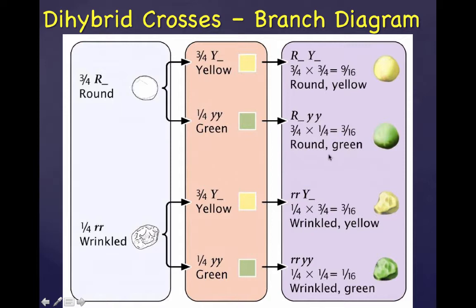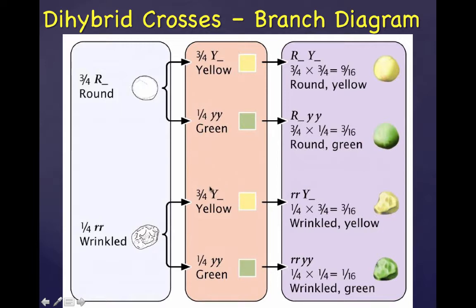And if we wanted to look at the proportion of individuals that were going to be round and green, we would then take our 3/4 individual, or 3 out of 4 individuals that would end up with a round phenotype, and multiply that by the 1 out of 4 individuals that would have the homozygous recessive green phenotype. So 3/4 times 1/4 equals 3 out of 16 individuals that are going to be round and green.